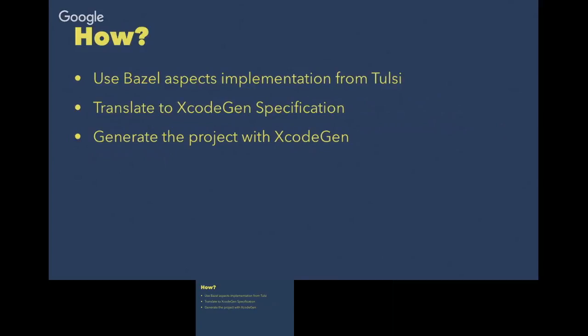Then we translate it to the specification defined in XcodeGen, which mirrors Xcode pretty well, and we link in the XcodeGen framework to generate a pure Xcode project. We're still playing around with this. We have some of it working, and we're hoping to open source it in the near future.